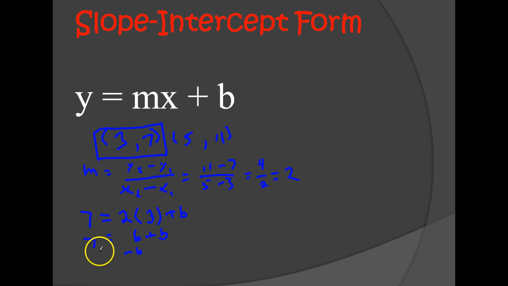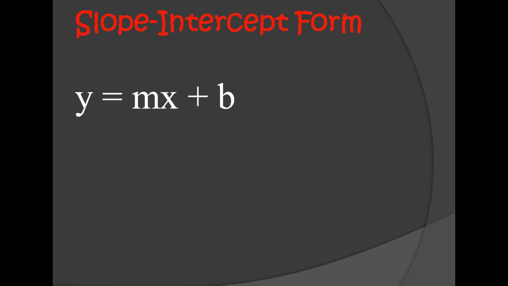Subtract 6 on both sides, and b equals 1. So now I have a slope of 2, a y-intercept or a b value of 1. So my equation, y equals m, 2, x plus b, 1. And then that's my equation, y equals 2x plus 1. Okay? So I always need a slope, and I always need a y-intercept anytime I want to write an equation in slope-intercept form.